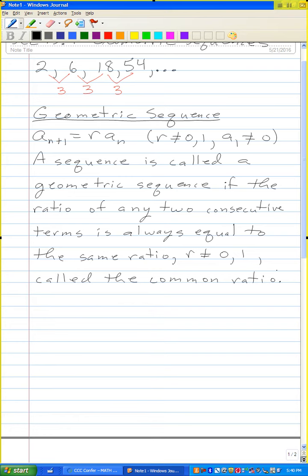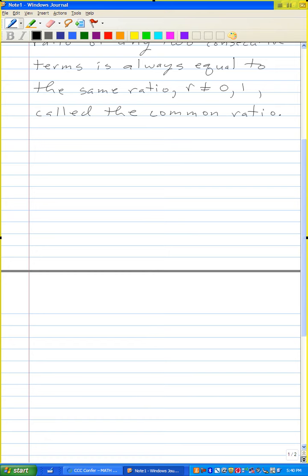Okay, so let's do some examples. Let's say on page 656, let's do problem number 2. In exercises 1 through 5, find the first 5 terms of the geometric sequence using the given information.